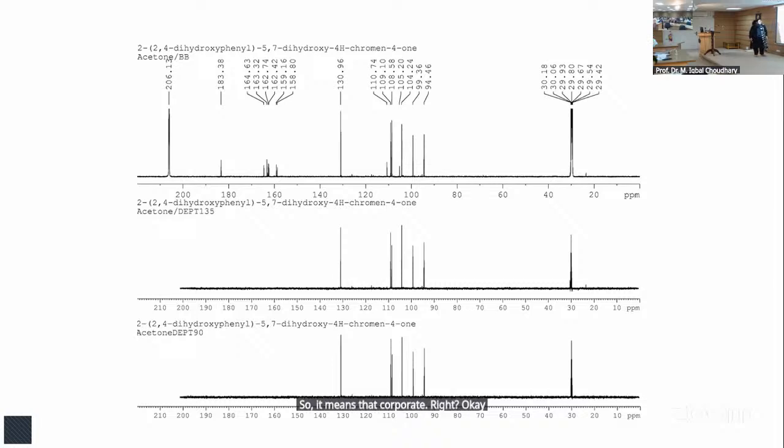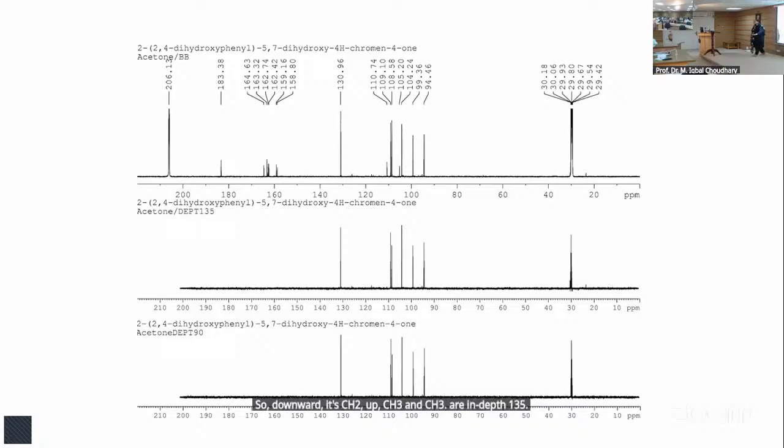In DEPT 135, we have CH2 downward and CH3 upward, and CH is also there. So downward is CH2, up are CH3 and CH in DEPT 135.